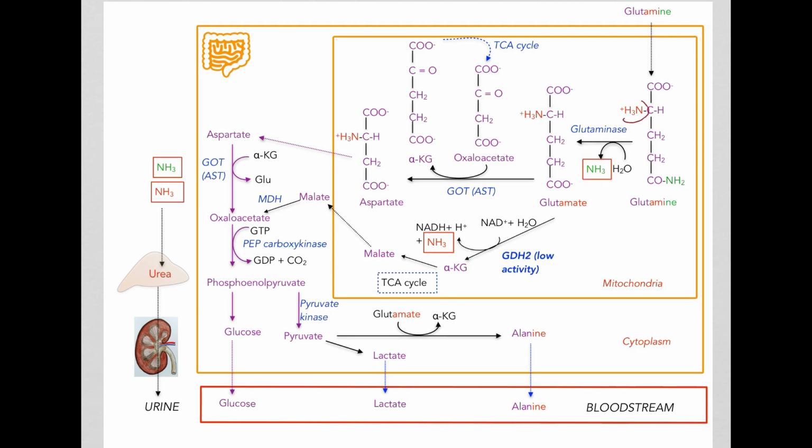The alpha amino group of glutamine appears as glutamate, and in this reaction, glutamate dehydrogenase can liberate it as ammonia, which can then be secreted out of the enterocyte. This ammonia from the small intestine will be transported to the liver, and in the liver the ammonia is converted into urea, which can then be excreted out into the urine by the kidneys.